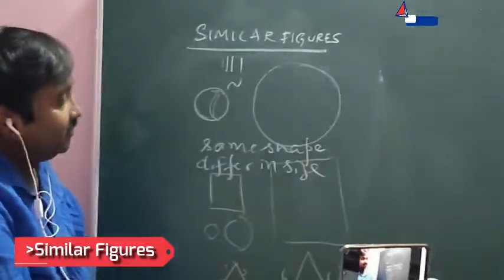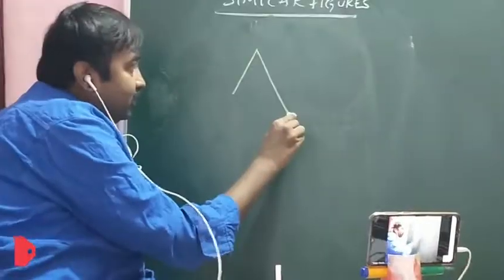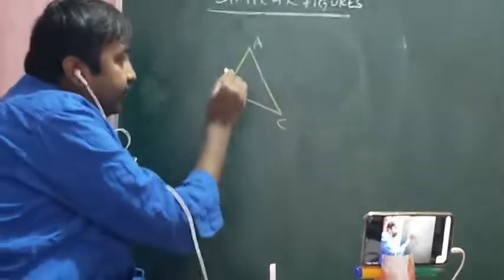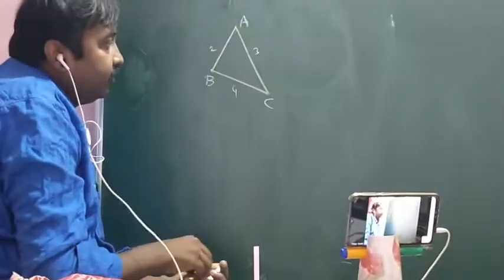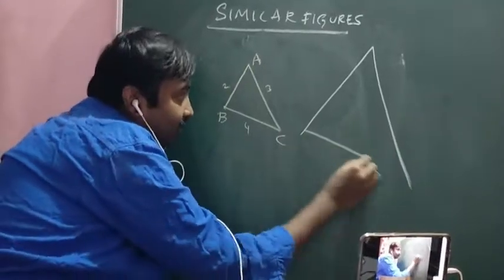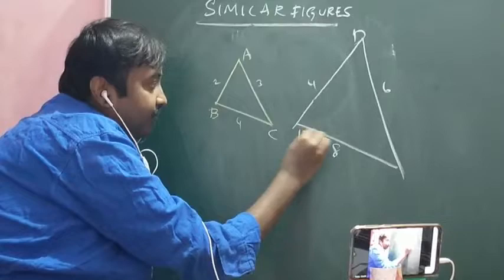First, before that, we take a triangle. You draw a triangle ABC with sides 2, 3, 4. Another triangle DEF with sides 4, 6, 8.